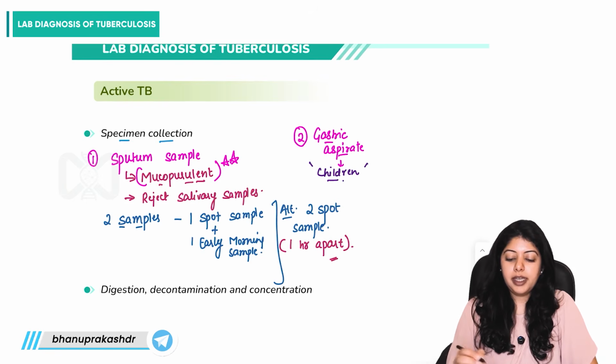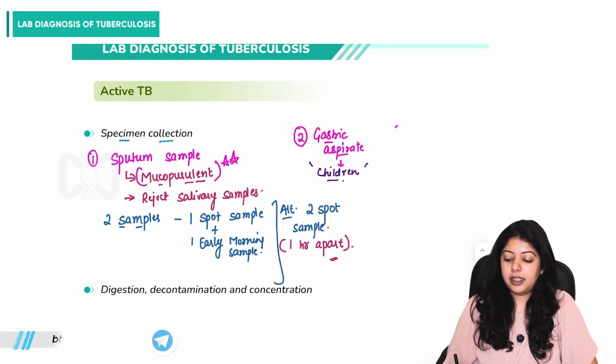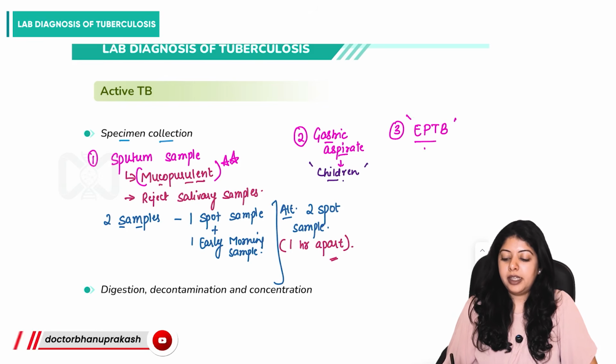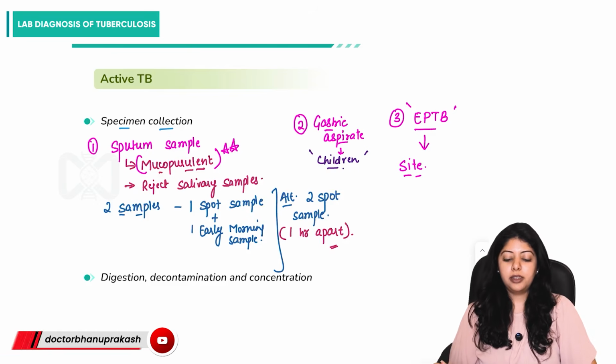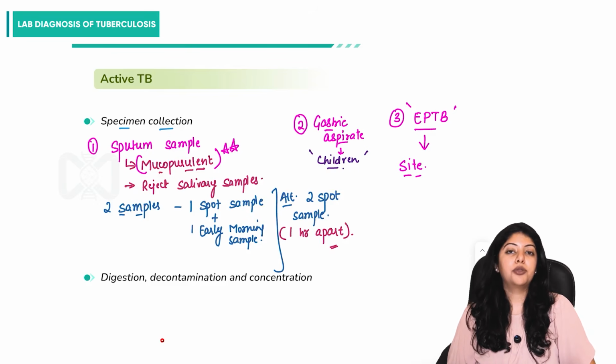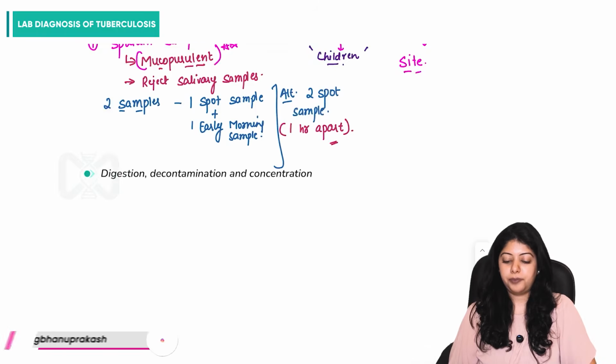And the third is extrapulmonary TB samples, which will be collected based upon the site. So these are the most common samples that we can use for diagnosis.